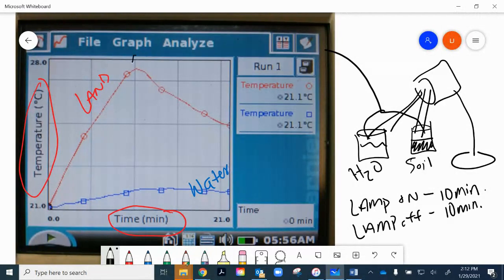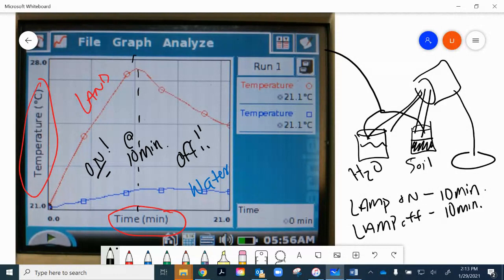Right down this line here, that's at 10 minutes. So over here we were on, and over here we were off.